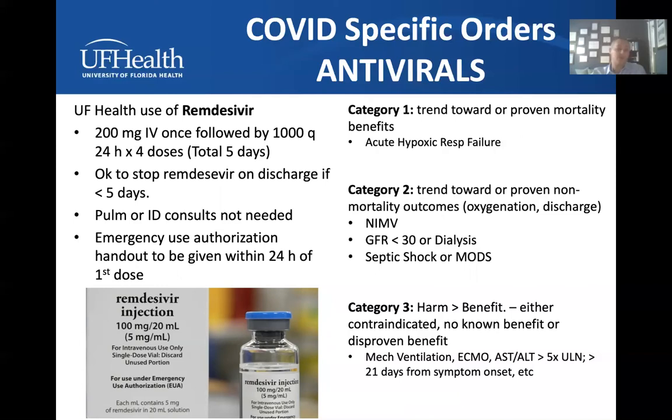So SARS-CoV-2 positive patients were assigned into 3 categories based on clinical factors determined by the task force and based on the available data, the scope of which is enough for a whole lecture, so I will try to keep it short.